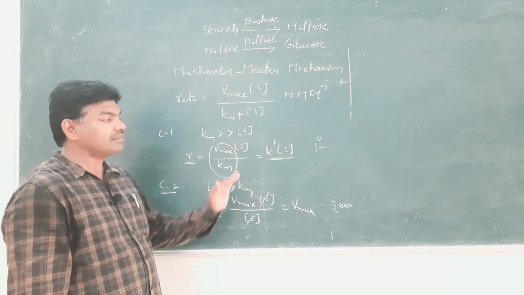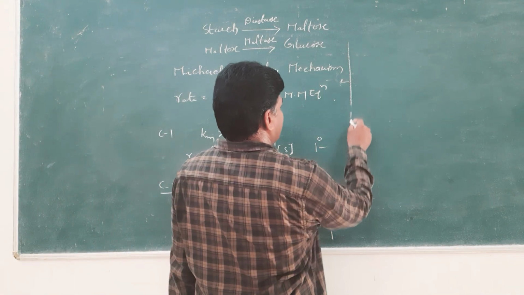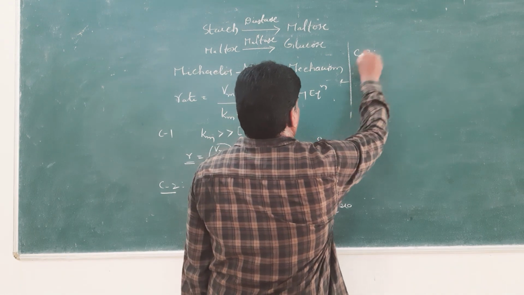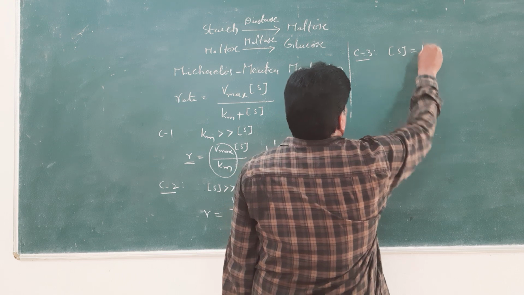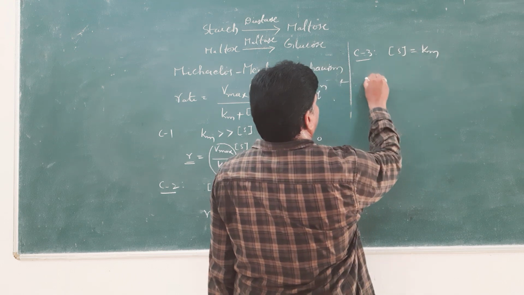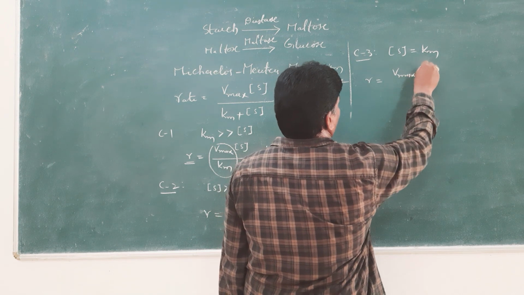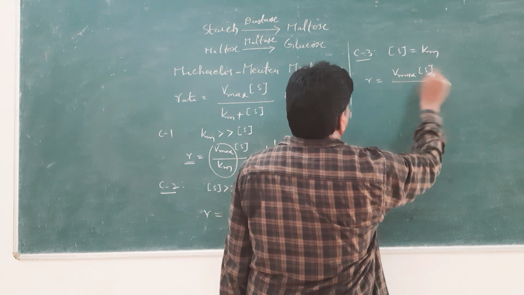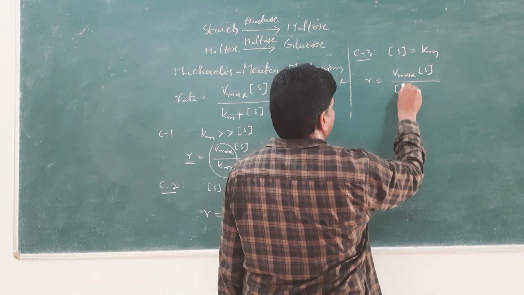Okay, and case 3. When substrate concentration is equal to Km, rate is equal to Vmax into concentration of S, where instead of Km we can write concentration of S because these two are equal.